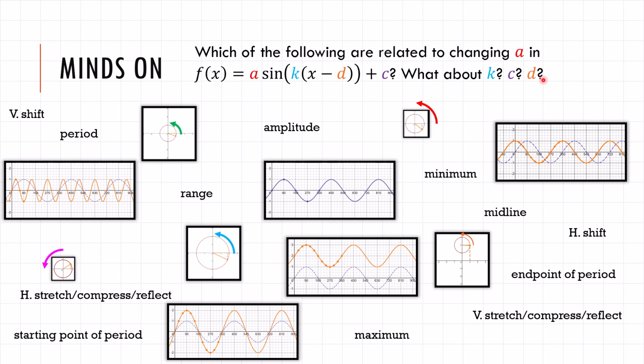What about D? There are four different parameters that we're going to be exploring today to find out all the connections that relate back to that number in the function. So I'll invite you right now to pause the video and take as much time as you need to connect as many of these as possible to each of these four values.